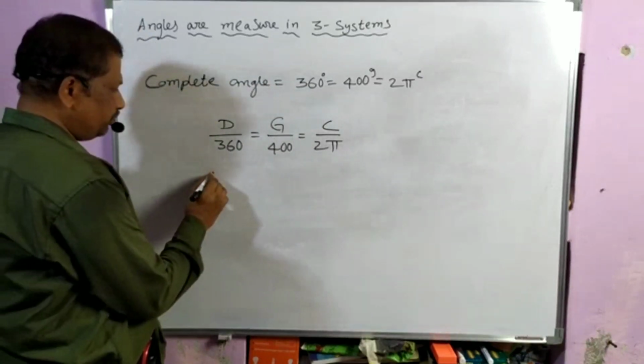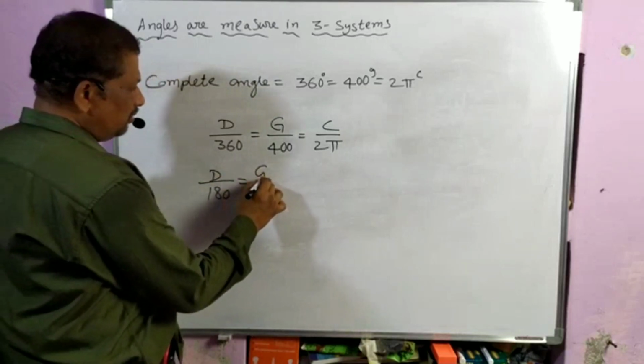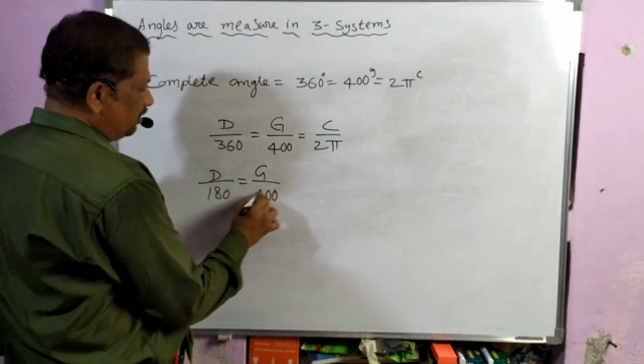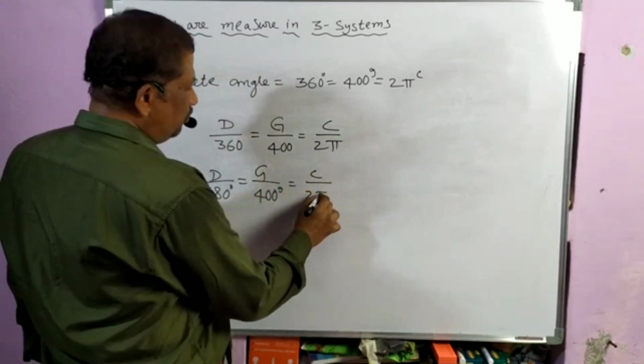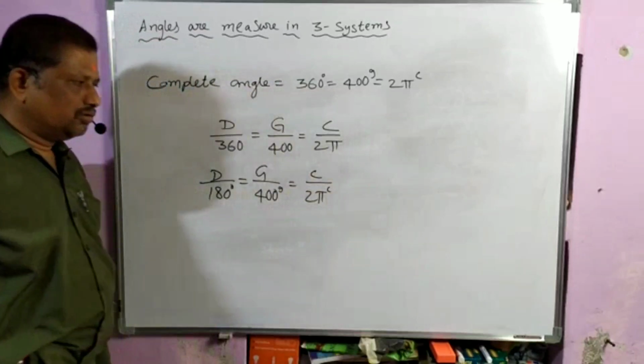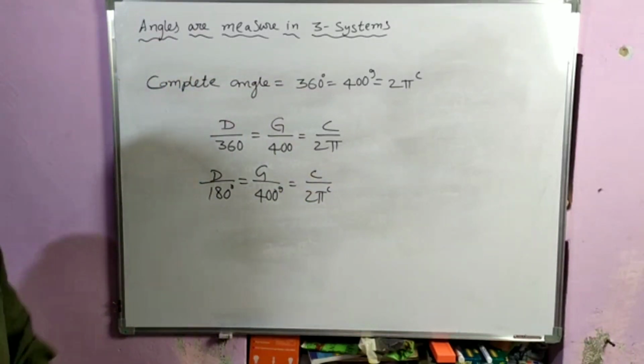So D by 180 degrees is equal to G by 200 grades, which is equal to C by pi radians. So now if you want to convert any angle into another system, we can use this relation.